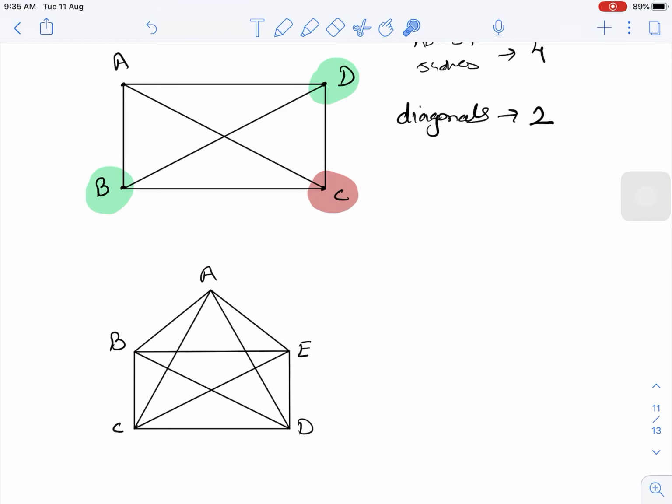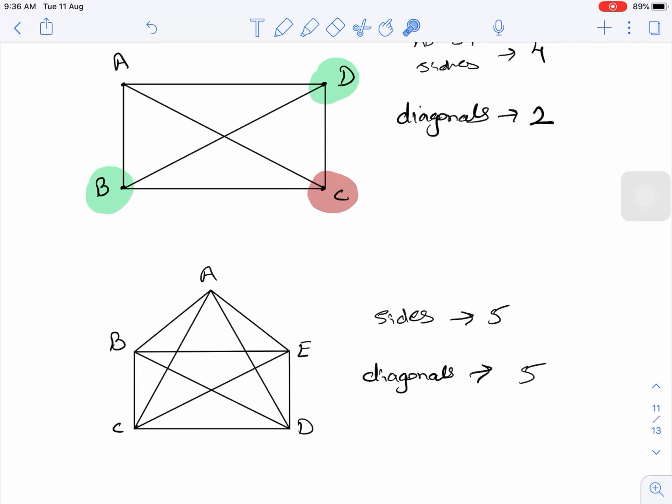How many diagonals are possible? The figure has 5 sides, and we have drawn a maximum of 1, 2, 3, 4, 5 diagonals. So a figure with 5 sides has a maximum of 5 diagonals.